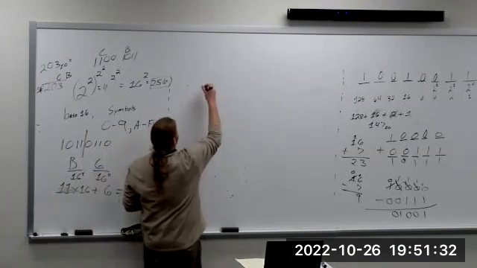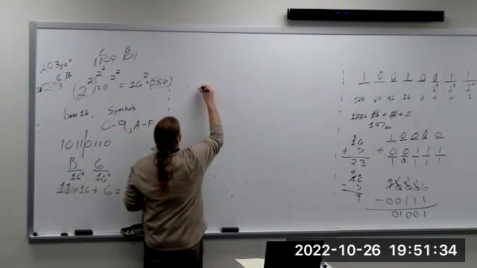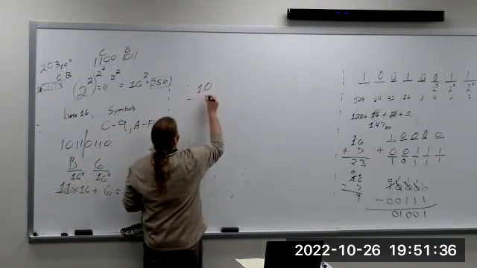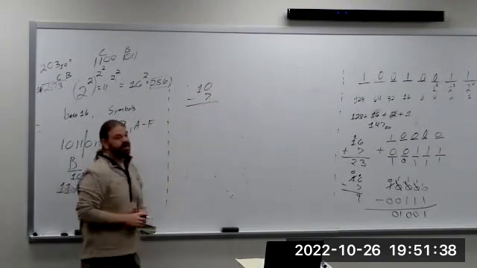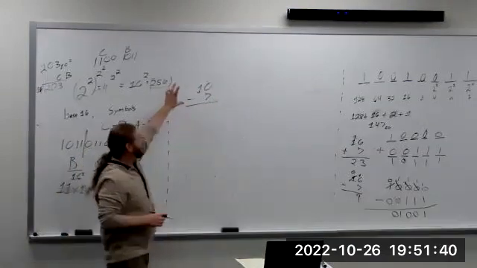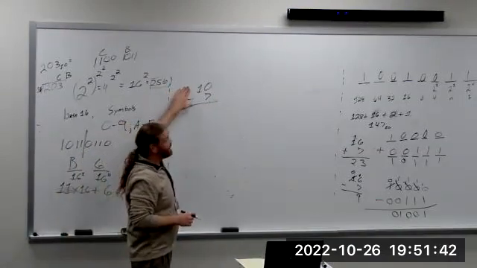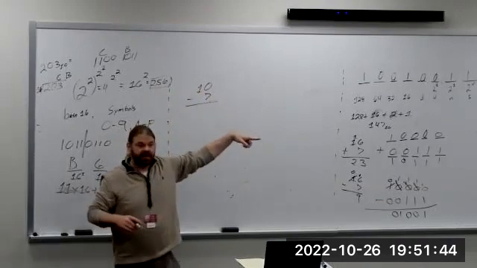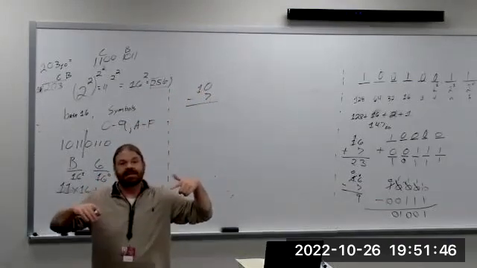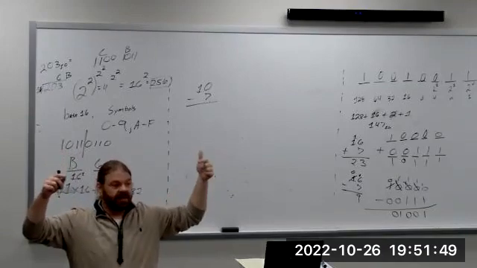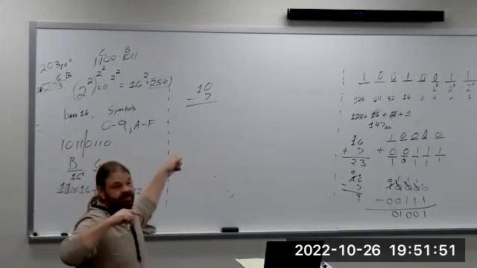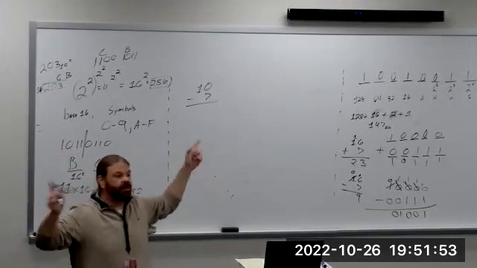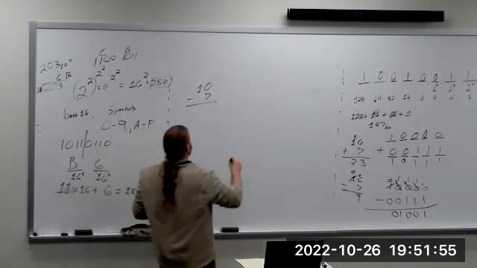So in base 10, if we wanted to do, say, 10 minus 7, what we can do is switch that to addition by taking the complement. So our highest symbol is a 9. So to get from 7 to 9, we need a 2 is the complement, right?